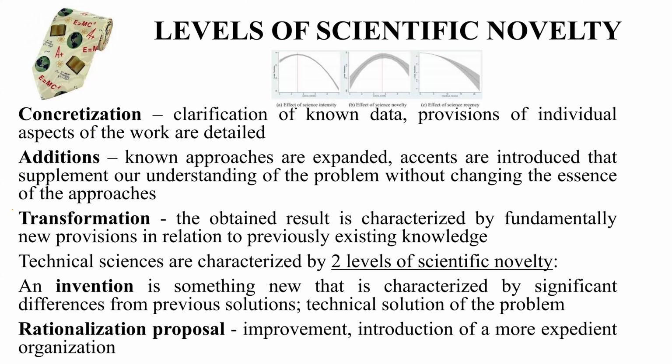An invention is something new with significant difference from previous technical solutions of the problem. It's a new device or new approach, something that did not exist before. A rational proposal is improvement of an existing device, existing approach, existing document, etc. It depends on the type and category of science.